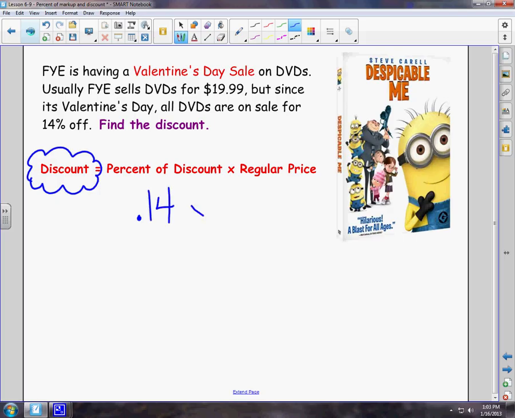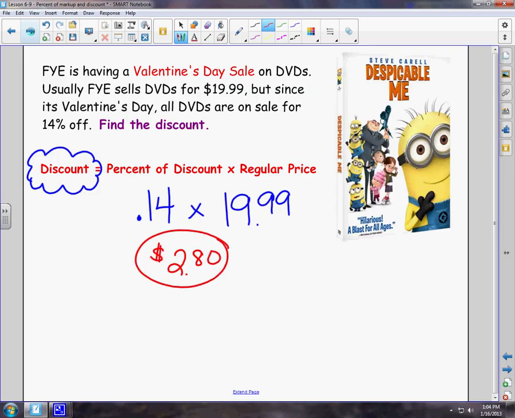Then I times that by the regular price: 0.14 times $19.99. They are going to give you a $2.80 discount. That's how much I'm going to save on this movie.